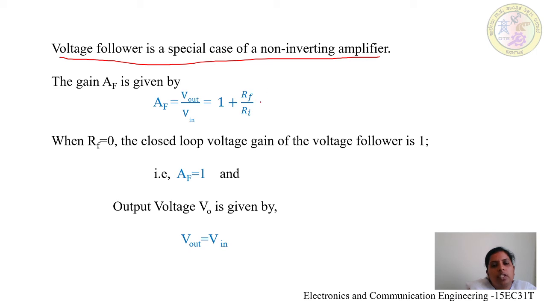If you have a 0 here, we will have 1 plus 0, which is nothing but a gain of 1. Because of this unity gain, we call the voltage follower a unity gain amplifier. Therefore, the output voltage is V out equal to AF into V in, where AF is 1. So V out is equal to V in.